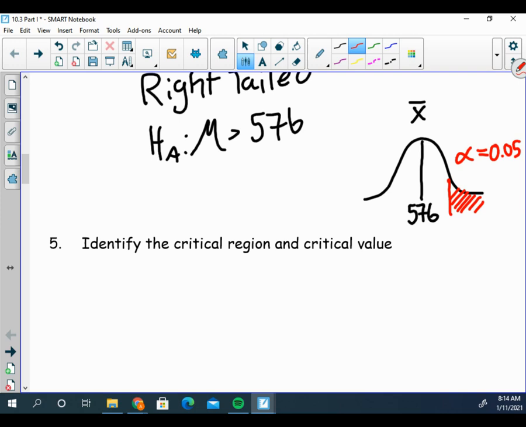Combining the idea that this is a right-tailed test and our level of significance is 5%, the idea of the hypothesis test is: does our data value, our sample mean, fall in the top 5%? If so, we'll reject the null. If it doesn't, we'll fail to reject the null. Again, I know this is review for a lot of you, and I know you're going back through. I think this is just good to make sure we haven't developed any bad habits and to catch any errors.